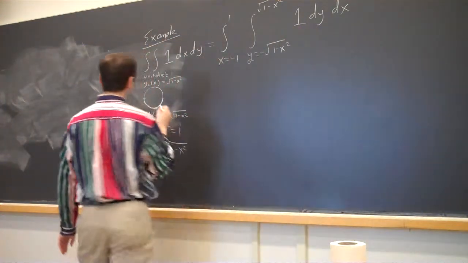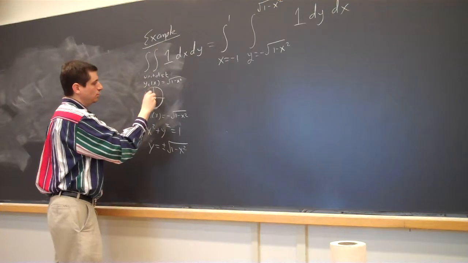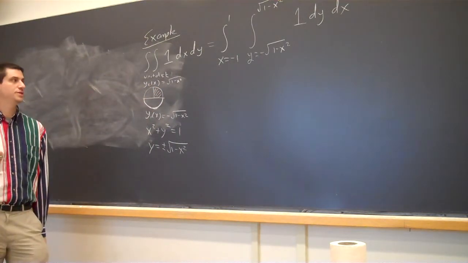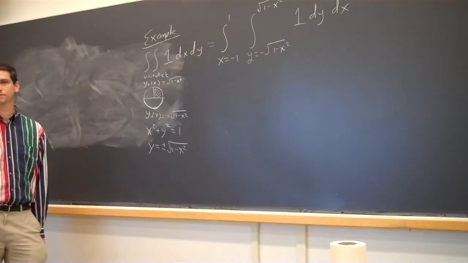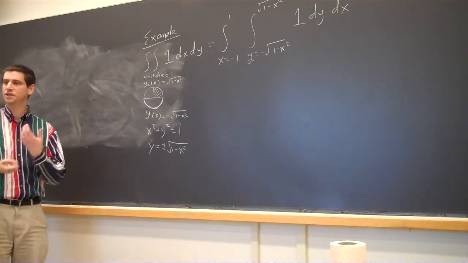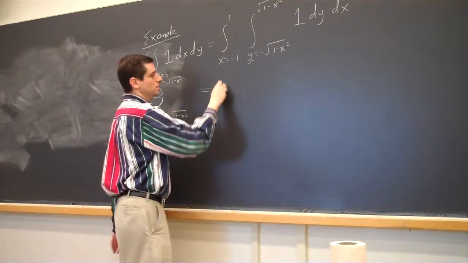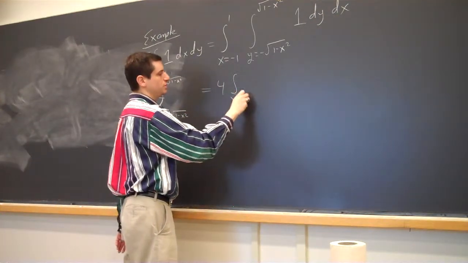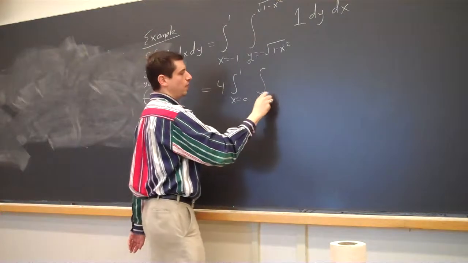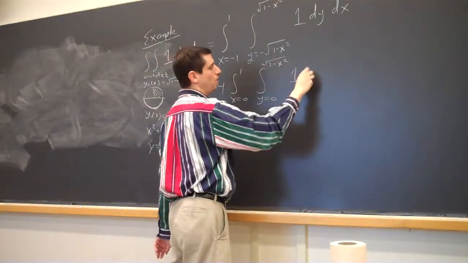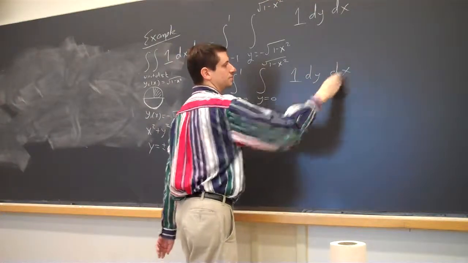If I can figure out the integral just in the top quarter, I could just multiply by 4. So I want you to get used to looking at things symmetrically. This is the same as 4 times the integral x goes from 0 to 1, integral y goes from 0 to the square root of 1 minus x squared, of 1 dy dx.